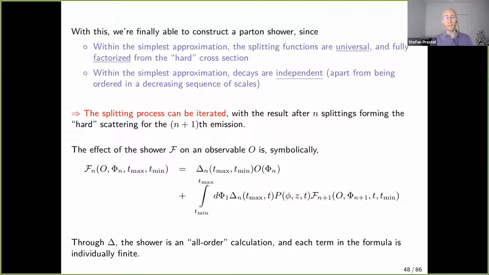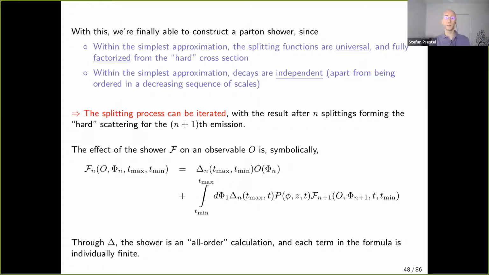Also, funnily, both of these terms in this equation are individually finite, because these are just exponential functions, exponential of a minus an integral that diverges. So e to the minus infinity is luckily 0, which is perfectly finite.